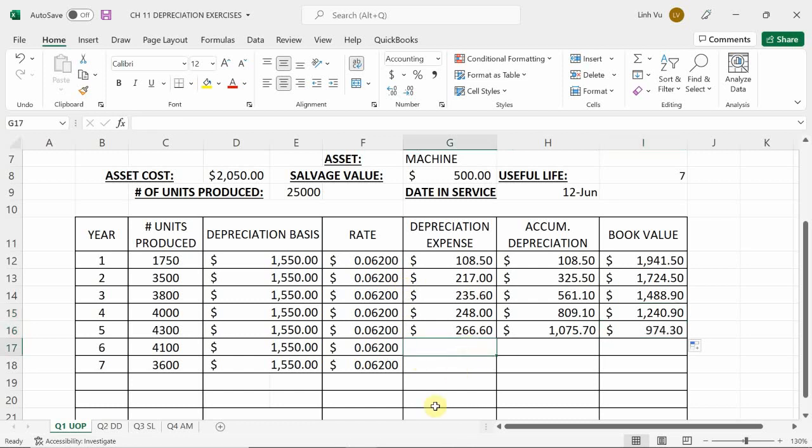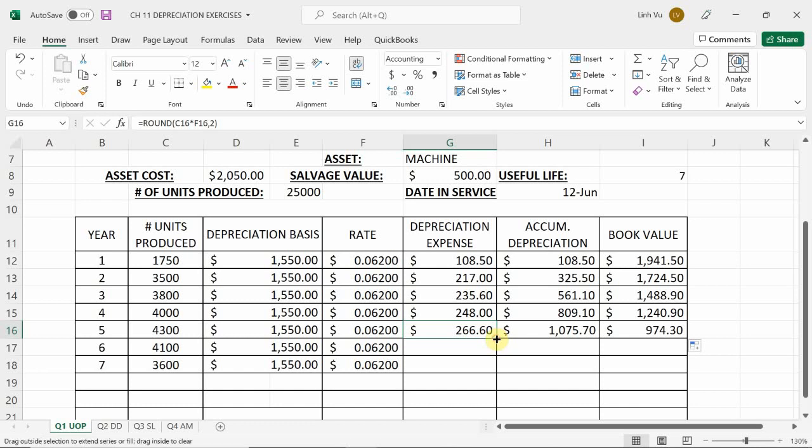Okay. So now we got the second one. The second one is 4100 by 0.06200.